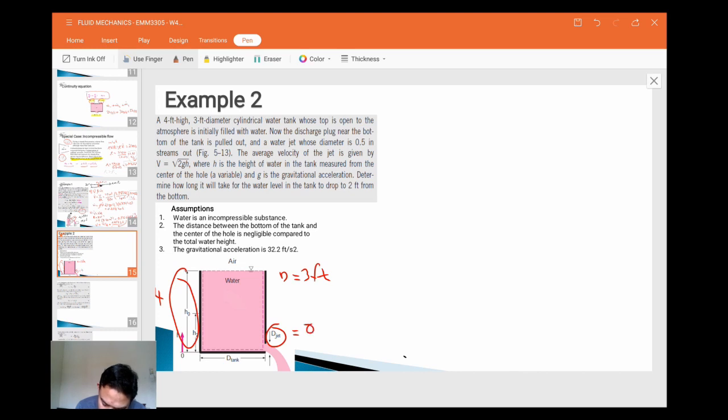D jet is equal to 0.5 inch, and the V is equal to square root of 2 GH.